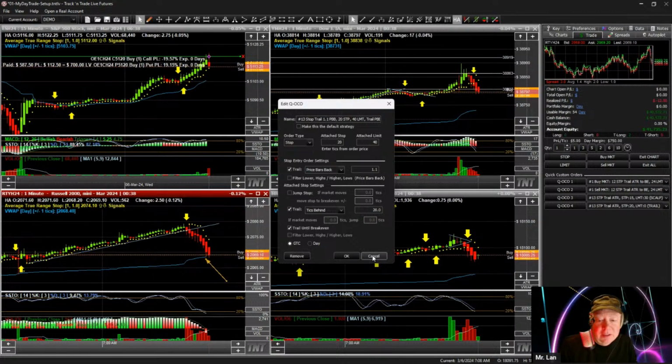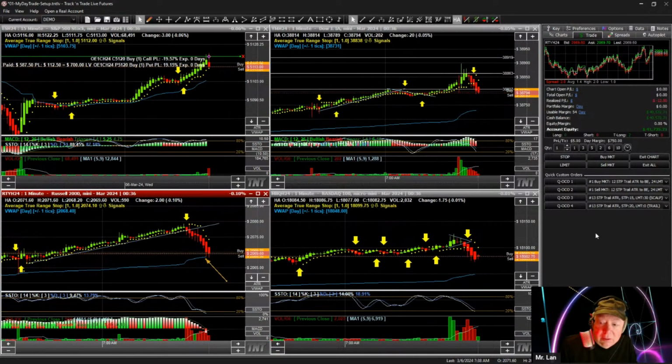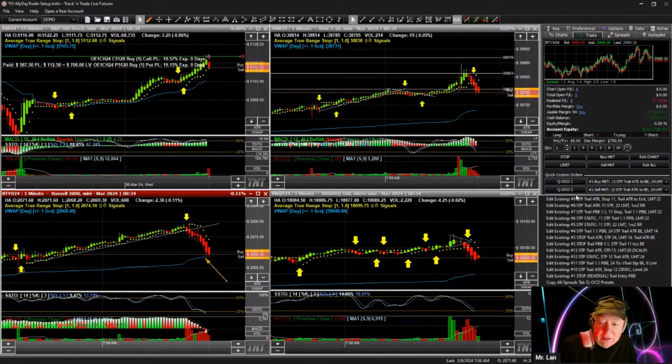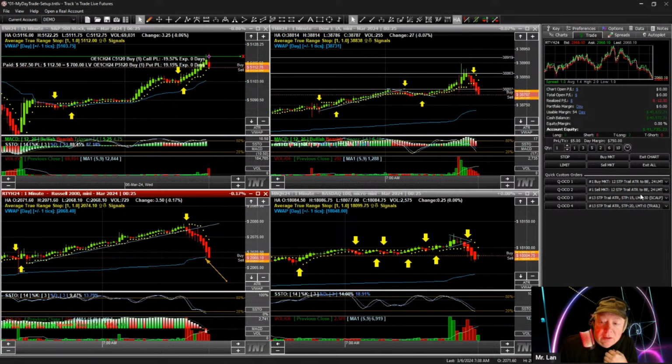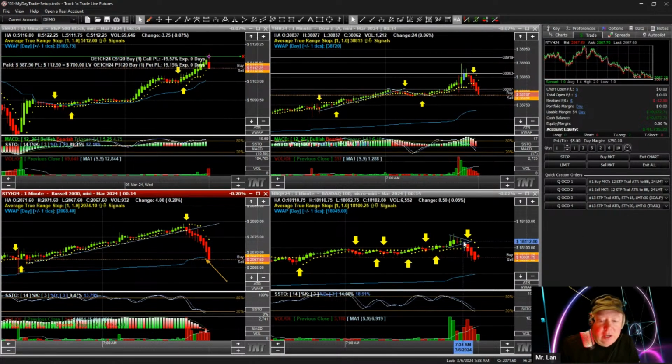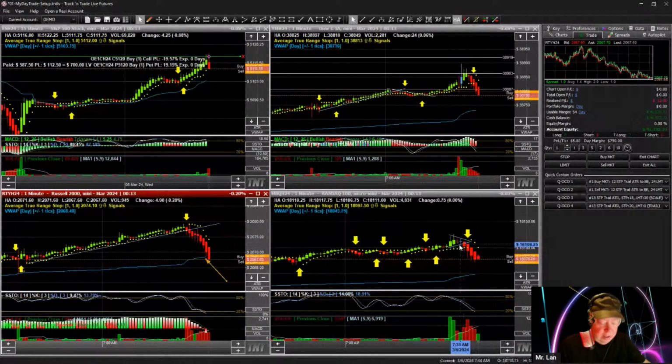Well, that's right, but that's not the way we want to do that. Oh, they're both ATRs. So that's what we did. We did a 15 and we did a 20. Oh, that's the scalp and the trail. Scalp at 15, trail at 20. Yeah, let's see what it does. We'll try it. We may have to make some adjustments on that.